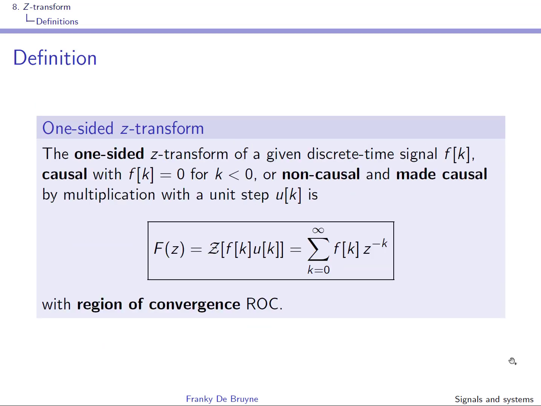For the one-sided z transform, we assume that f of k is either causal or that it is made causal by multiplication with a unit step. So the contributions for k negative are all 0, and we can start the sum at k is equal to 0. Again, there will be an associated region of convergence.